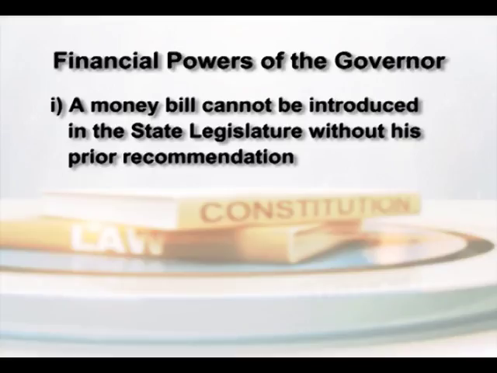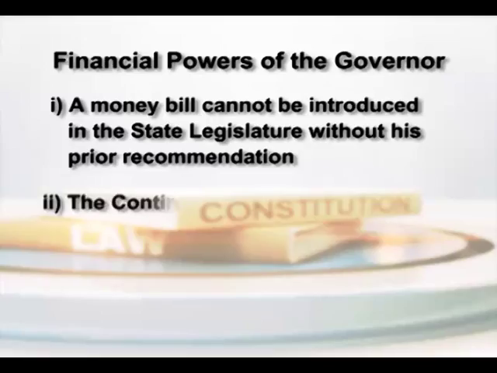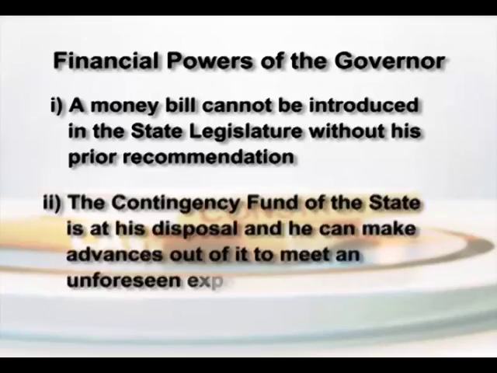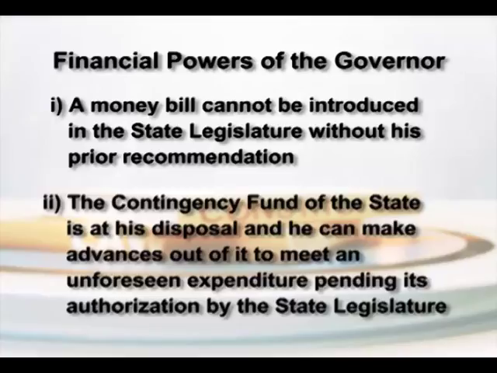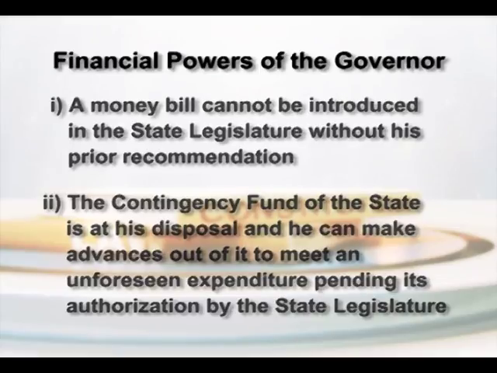So a money bill, if it is to be introduced in the state legislature, first requires the recommendations of the governor. Secondly, the contingency fund of the state is at his disposal and he can make advances out of it to meet an unforeseen expenditure pending its authorization by the state legislature.